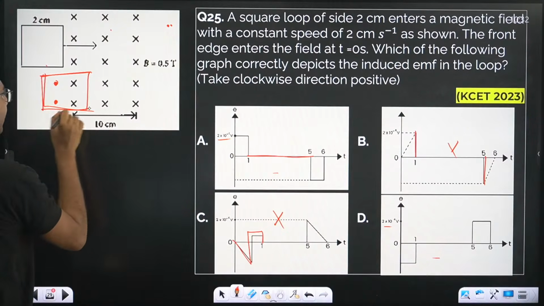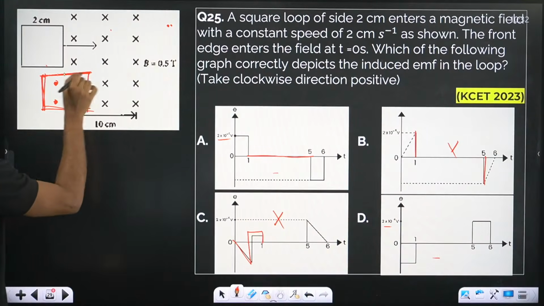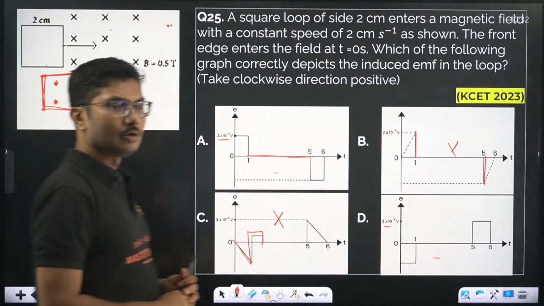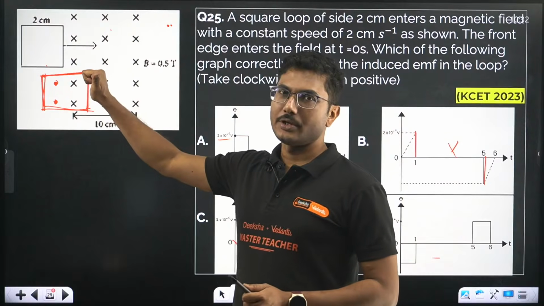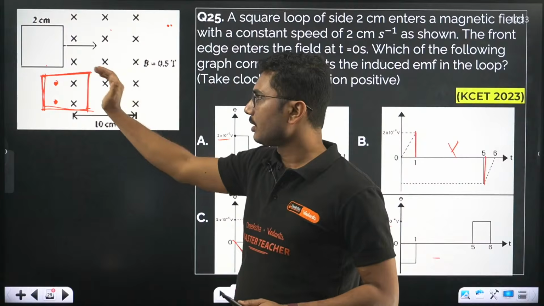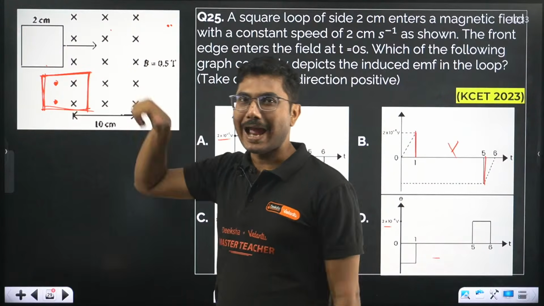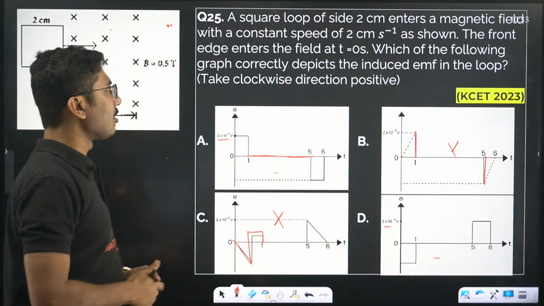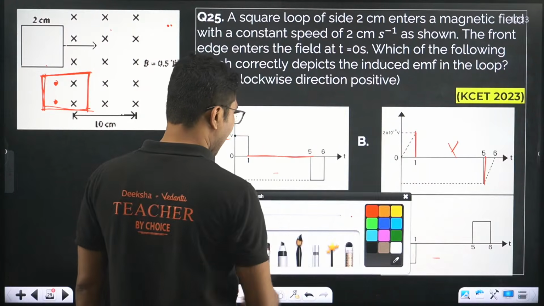I kept everything in red color so that you can understand. This red color represents this loop's magnetic field. So this loop will induce a magnetic field which is out of the page. So out of the page means what will be the direction? This way, and this is anti-clockwise.